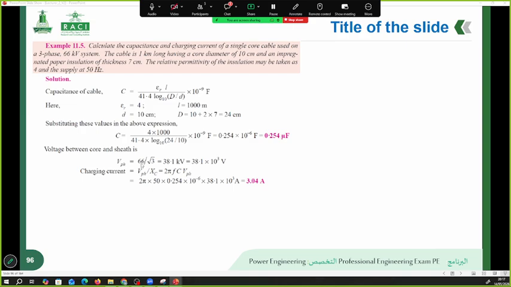Finally, the charging current is found to be 3.04 amp, highlighting the effect of cable capacitance in AC systems, especially over long distances. This example clearly demonstrates how physical dimensions and material properties influence the electrical performance of a power cable.